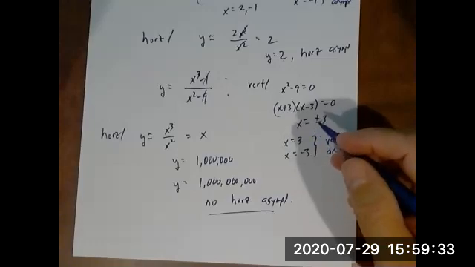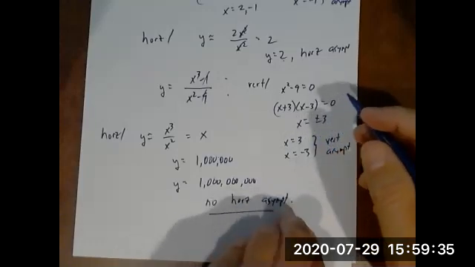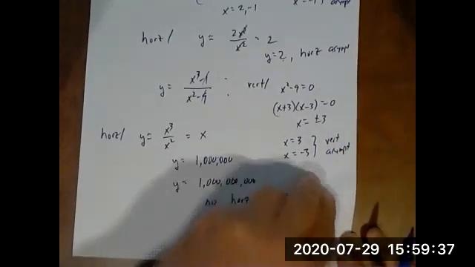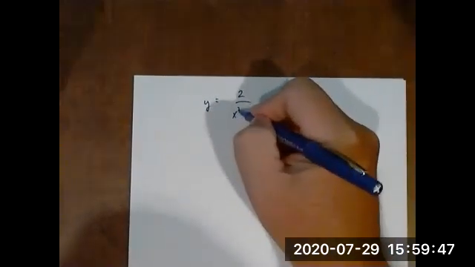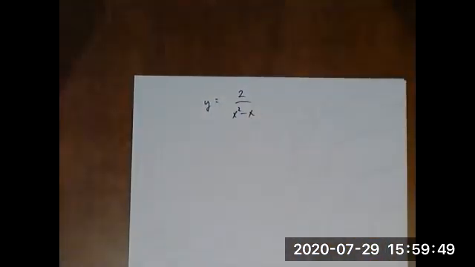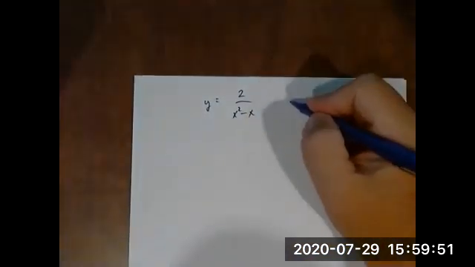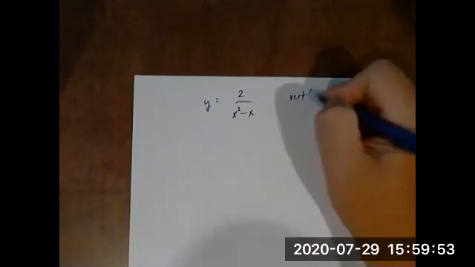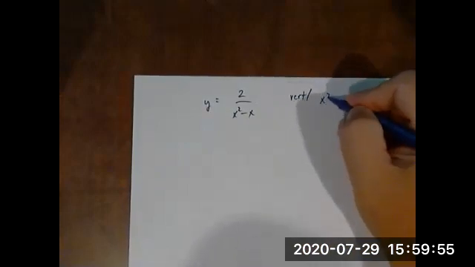All right, let me do one more example. And then hopefully you'll have a pretty good understanding of how to find these asymptotes. Last one, 2 over x squared minus x. Vertical asymptotes.